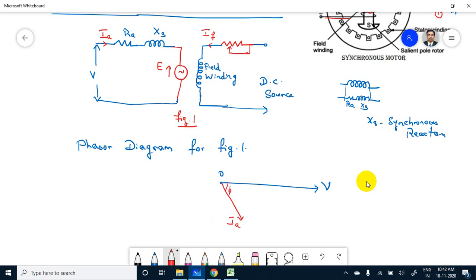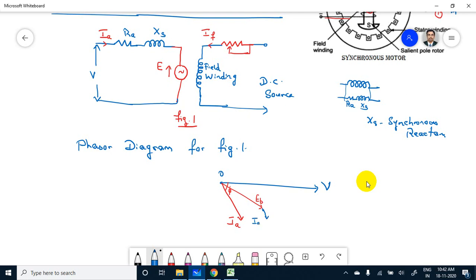Now a back EMF will be produced. This is the back EMF, EB. Between EB and V, there will be a drop in terms of resistance.